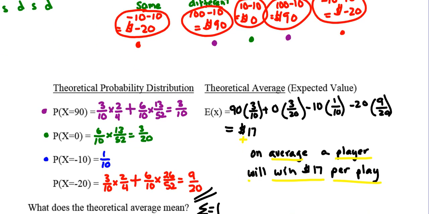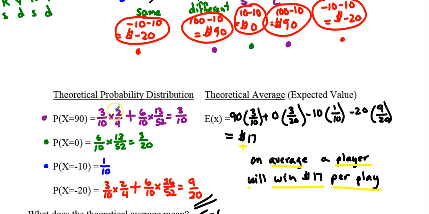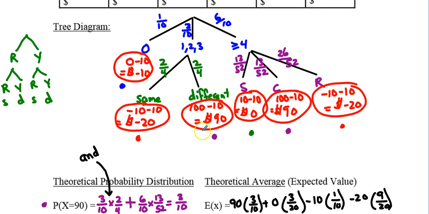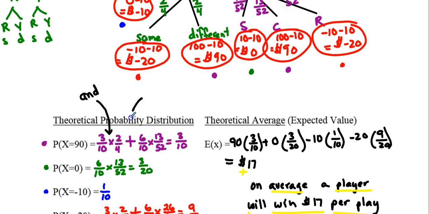And when you go to do your probability distribution, what you want to remember is within a case, it's an and, so you're multiplying. So within this case, it's rolling this and flipping those. And between cases, it is or, so you're adding.